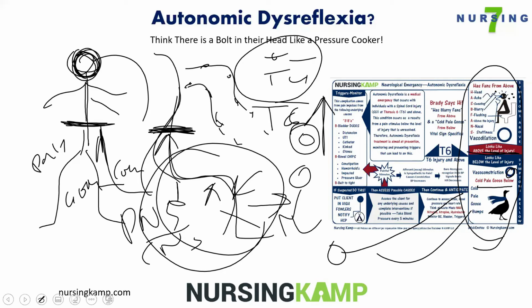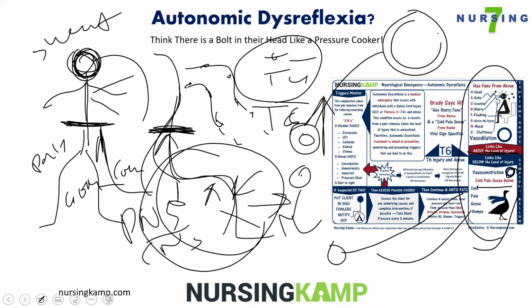So it recognizes what's going on and says, okay, you're hot, start sweating, cool down. Then you start to get stuffy nose, headaches, flushing. The flushing is because everything down here is vasoconstricted.